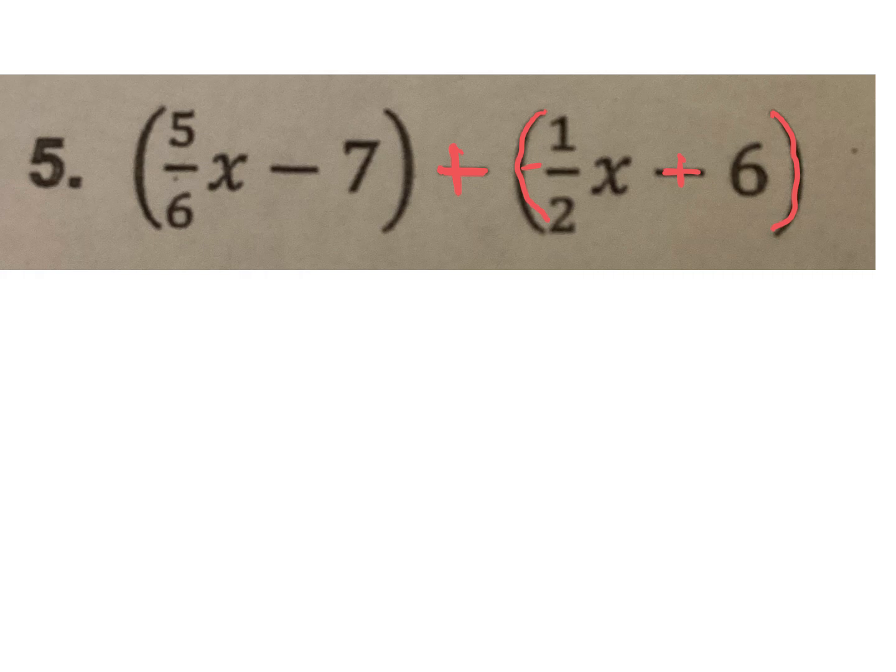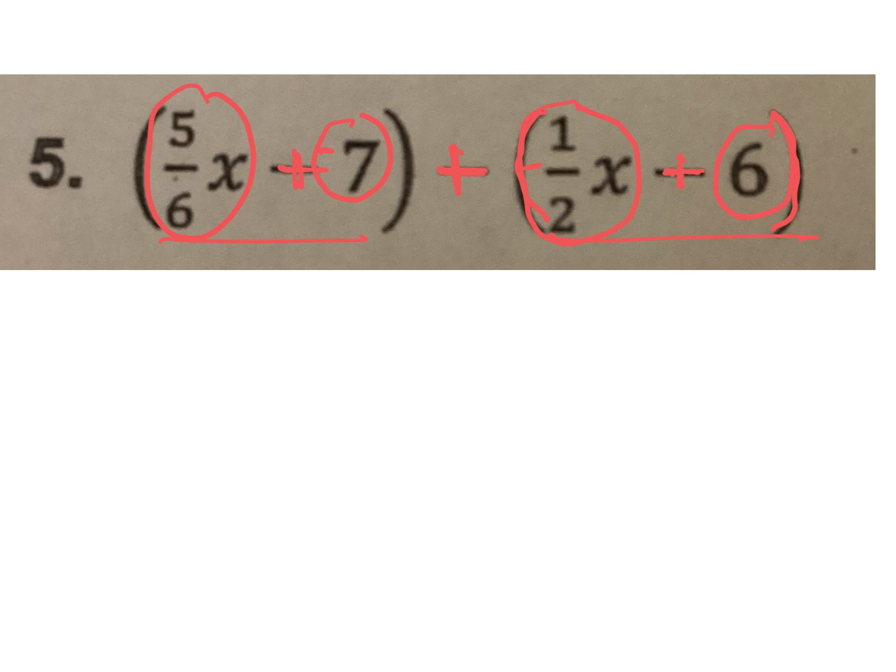Now I look inside of the parentheses. This is a subtraction here, and this is an addition. So the addition's fine. I'm going to change this to add the opposite. And so now I have a 5/6x, I have a negative 7, I have a negative 1/2 x, and I have a positive 6.